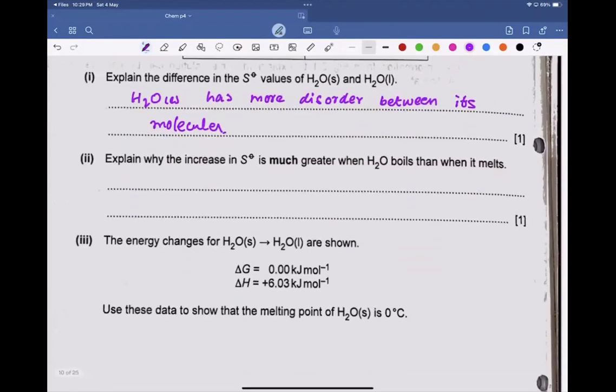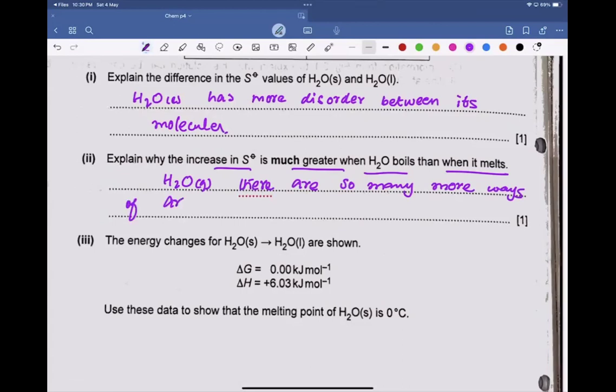Then explain why the increase in entropy is much greater when water boils than when it melts. Okay. It is because in steam, when it becomes gas, there are so many more ways of arranging particles.